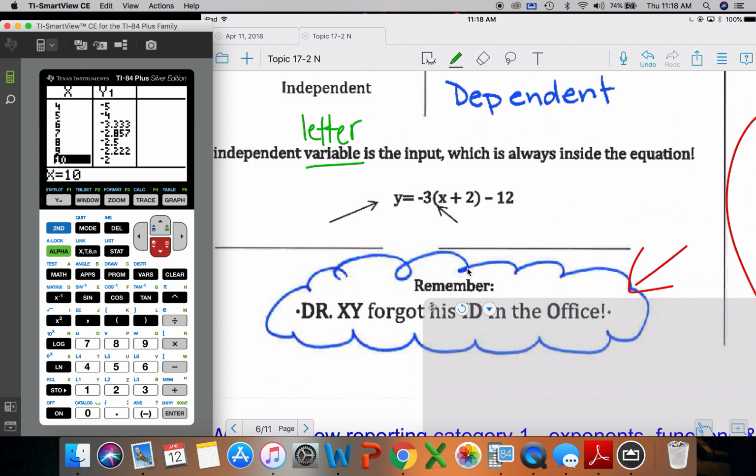So the letter that's the input, or your independent letter, is always inside the equation. So here, my x is inside, so that's going to be my independent variable, where my y is outside by itself, so that would be the dependent variable. And as we've reminded you, Dr. XY wears his ID in the office, your x is always independent and y is always dependent.